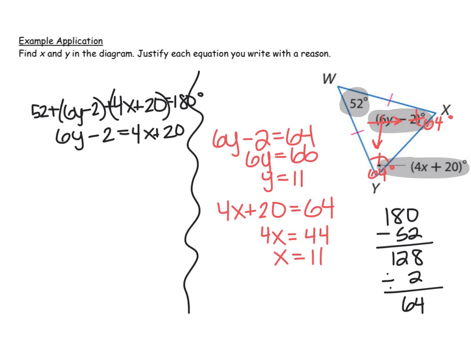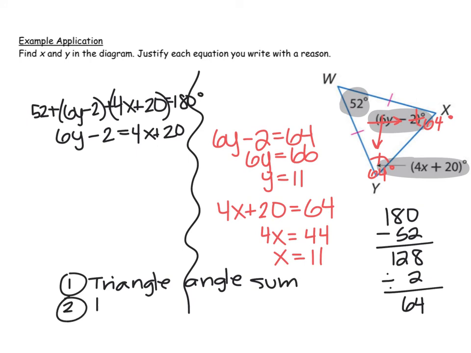Either way, I am using two rules. One is the triangle angle sum theorem, which says that three angles of a triangle add up to 180 degrees. And the second rule I used is the isosceles triangle theorem, which says that if I have an isosceles triangle, then the base angles are congruent.